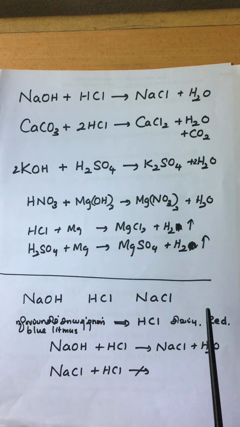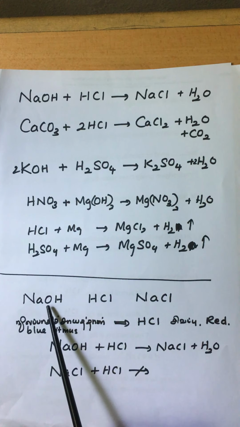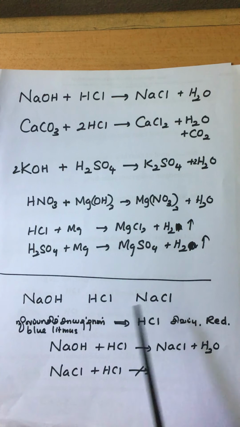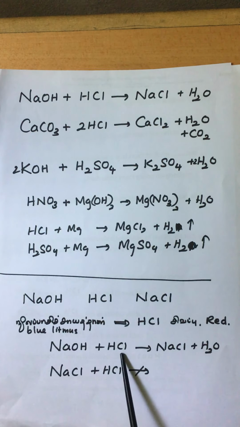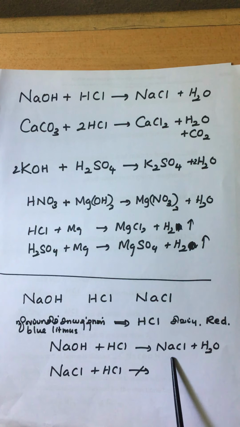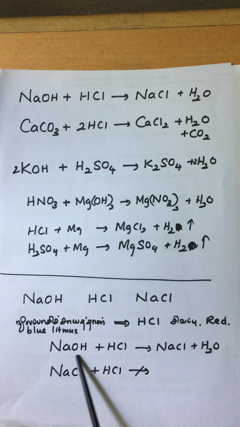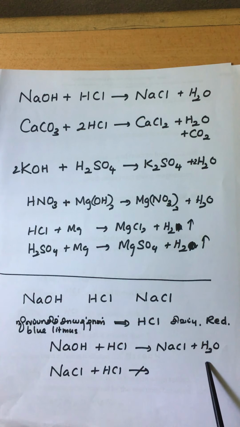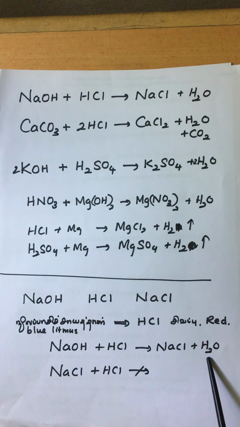After that you have to take some drops of HCl and add them to these two separately. When you add hydrochloric acid to base, the base and acid react to form salt and water. When the reaction happens in the test tube, you feel hotness, that is heat liberated, so you can identify that the reaction is happening.